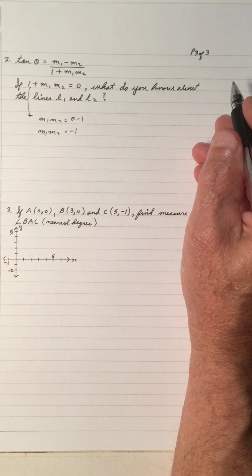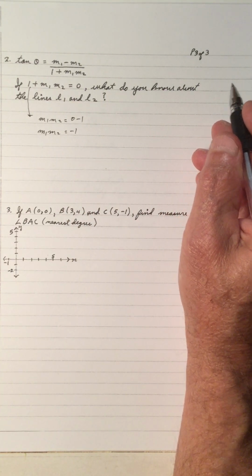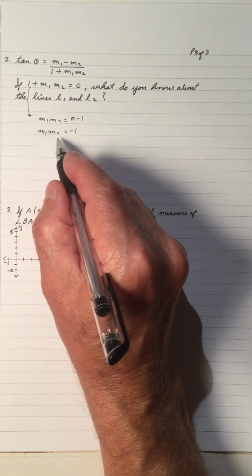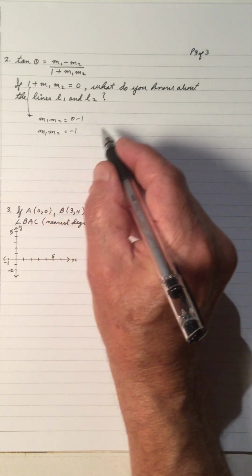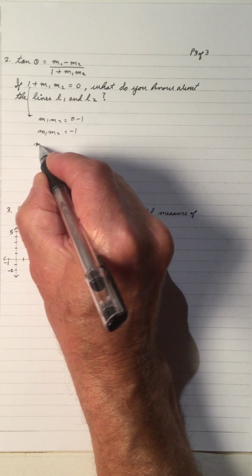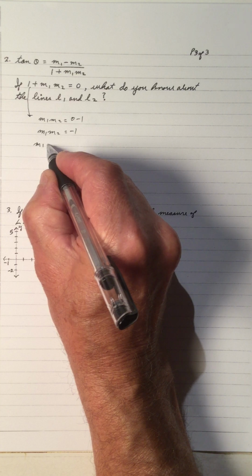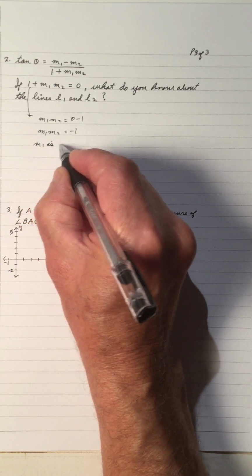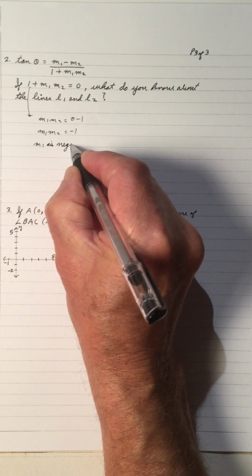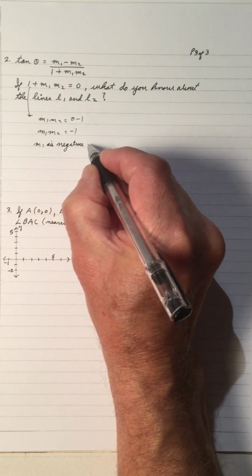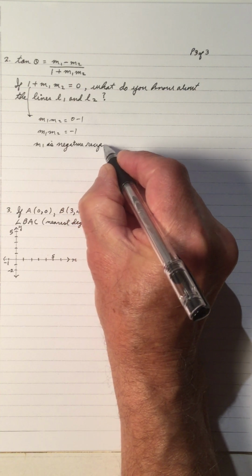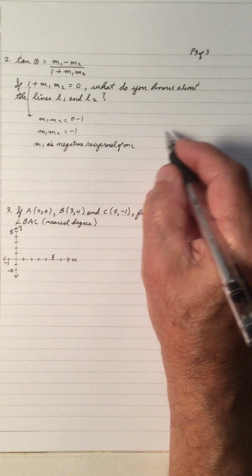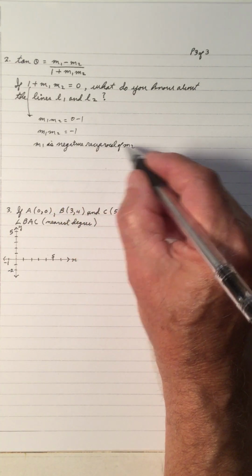And from math way back in probably grade 9 or even grade 10, if the product of two slopes is negative 1, that means m1 is the negative reciprocal of m2, because the product is negative 1.